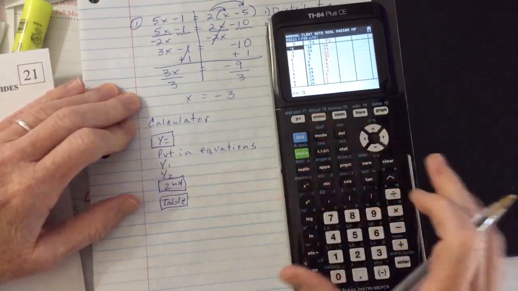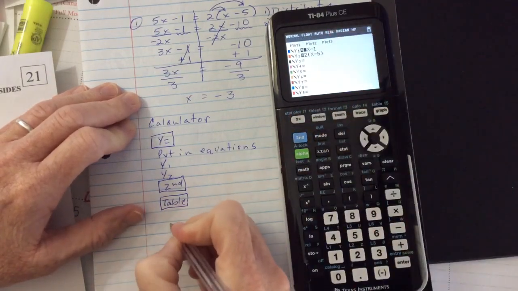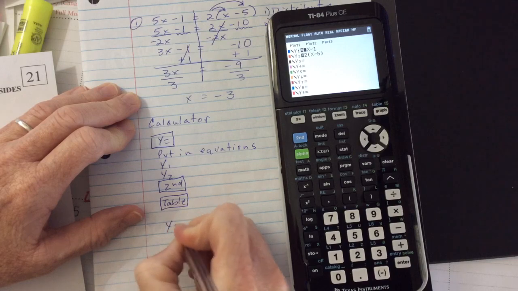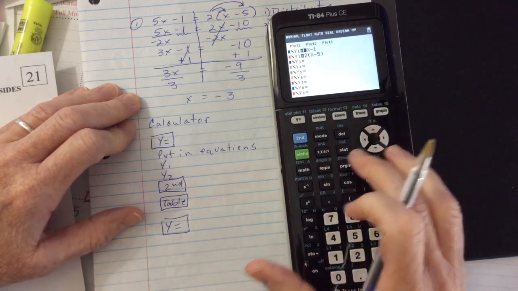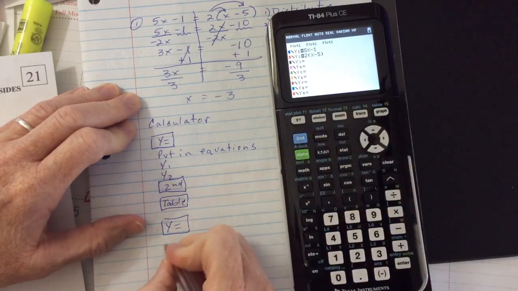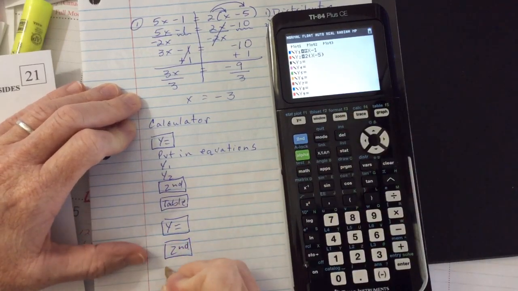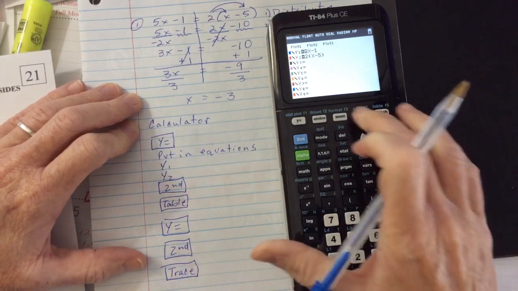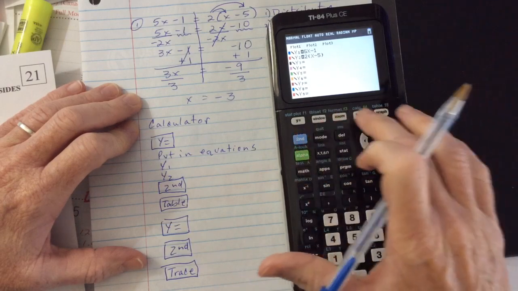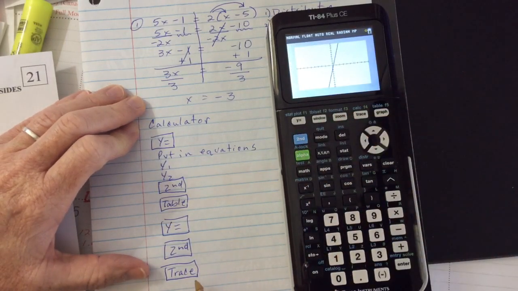The other way is to graph it. So I'm going to hit y equals. Here's our information. And I'm going to hit second, I'm going to hit trace. And we should see the two lines come up.